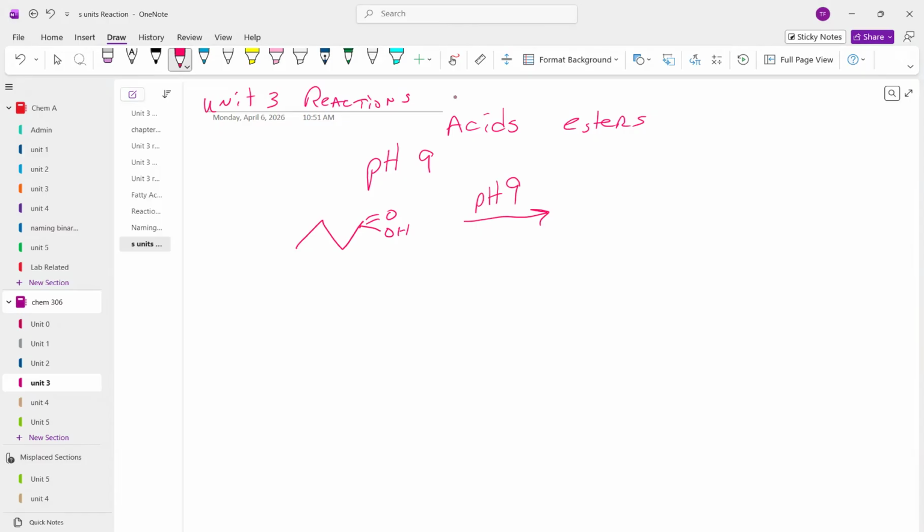So let's look at that: 1, 2, 3, 4. Butanoic acid. And we put butanoic acid in an alkaline environment, like sodium hydroxide or potassium hydroxide. This guy and that hydrogen are going to form water and leave us with the acid salt.